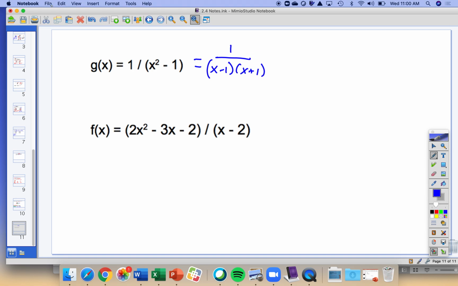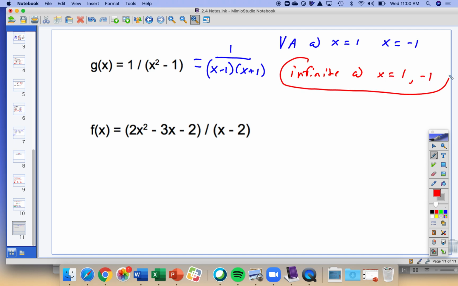And what you should have learned in your previous math classes is that when my denominator is 0, I get vertical asymptotes. All right, so I have a vertical asymptote at x equals 1 and x equals negative 1, which means in calculus, I have an infinite discontinuity at x equals 1 and negative 1.